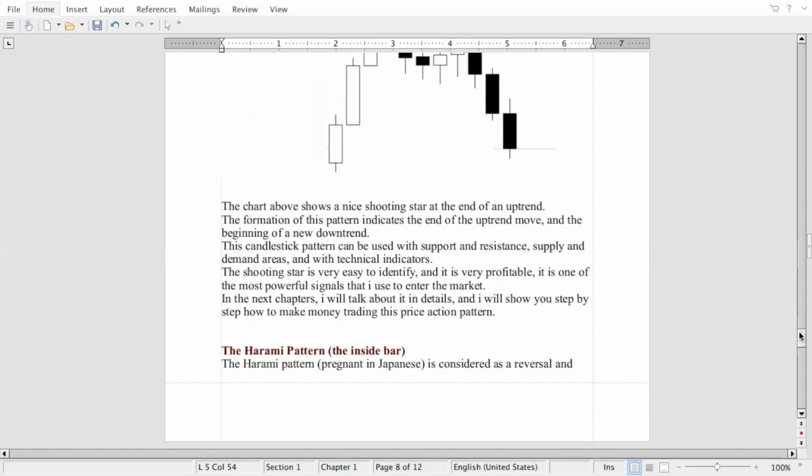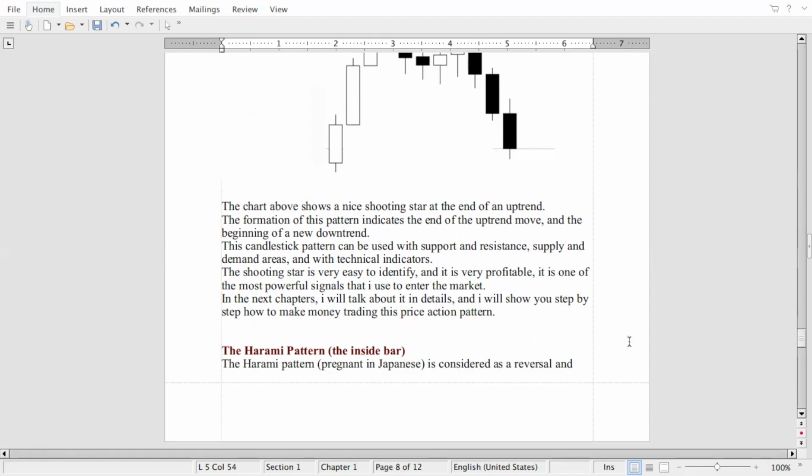When you see any of them indicating there, then automatically you can trade using those. And the shooting star is easy to identify, and it's very profitable.